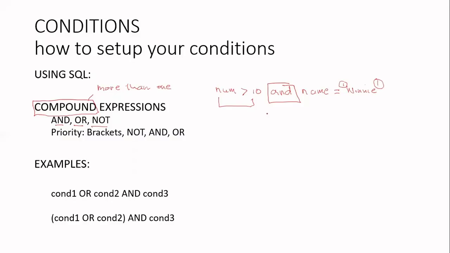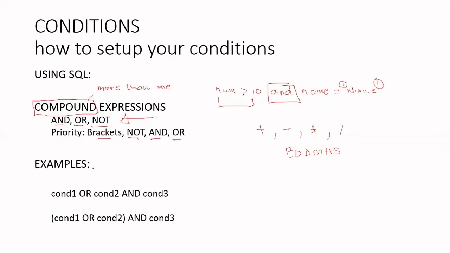Just like when we perform arithmetic, you've got plus, minus, times, division, and we follow the rules of BODMAS. So similarly, when we are using these operators, there's priority as well. First, you'll work out brackets, then you'll do the NOT first, followed by the AND, and then the OR.